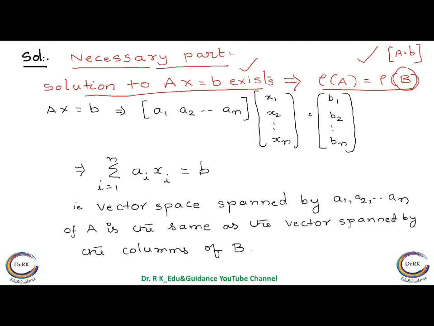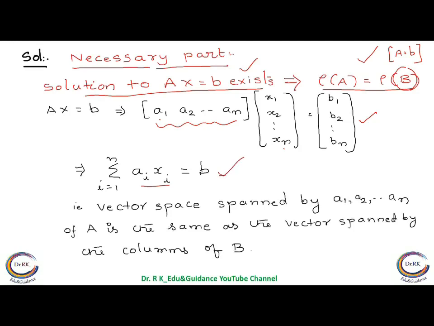So Ax equal to b, we know, is nothing but we can write this as A1, A2, and so on up to An, and x is x1, x2, and so on up to xn, equal to b1, b2, and so on up to bn. Now this can be written as the summation over i from 1 to n of a_i x_i equal to b. If you simplify this, a1 x1 plus a2 x2 plus a3 x3 equal to b1, similarly b2, similarly b3, like this.